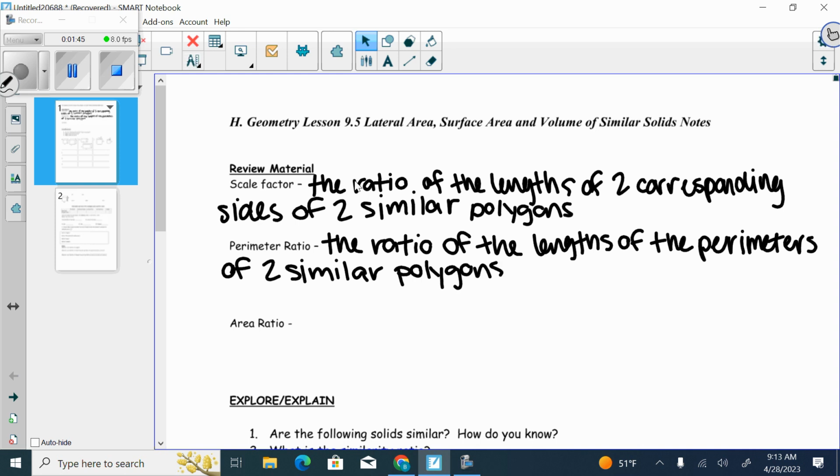And if you guys remember, our scale factor and our perimeter ratio are the same ratio, right?